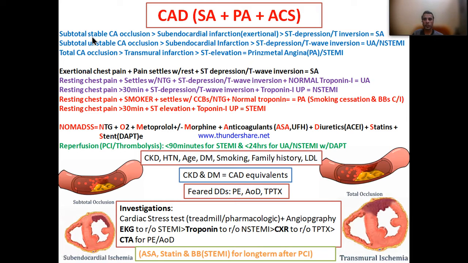But if such patients have some kind of emotional stress, or go through some kind of activity like walking or running, that will elicit chest pain and EKG changes as well. So what will happen in case of stable angina?